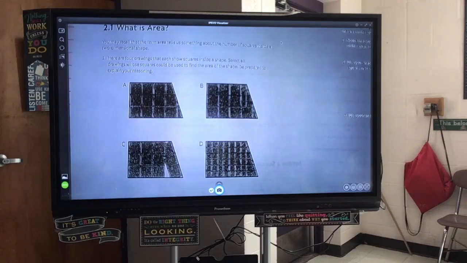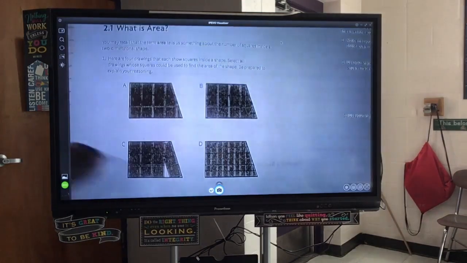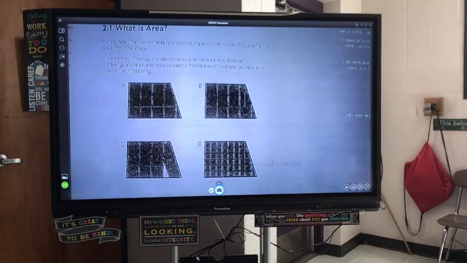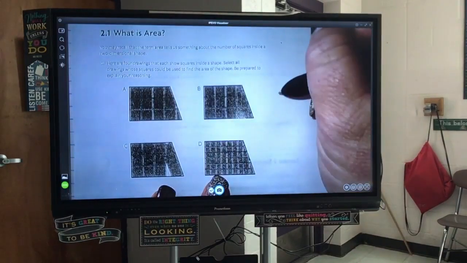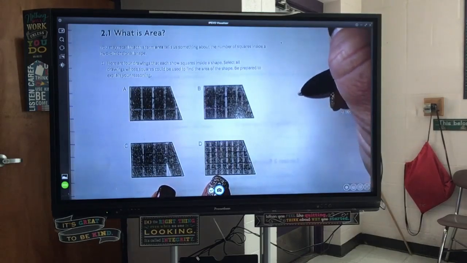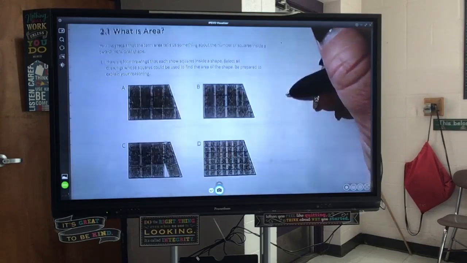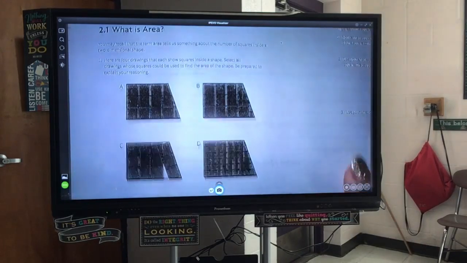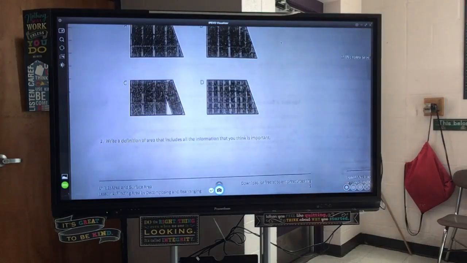So let's say you pick A or B or C or D. Whichever one you pick, or whichever ones you pick, next to it I want you to just jot down a little of why you picked it. Doesn't need to be a full sentence, just needs to be a couple of words as to why you picked that shape. Then, number 2 says, write a definition of area that includes all the information that you think is important.